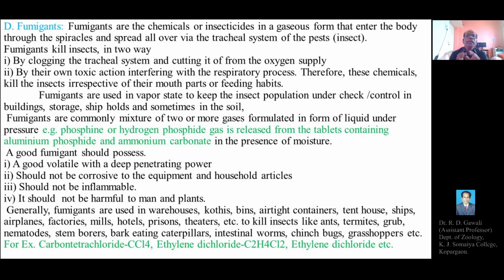Basically, fumigants are chemicals or insecticides which release toxic vapors or gases.